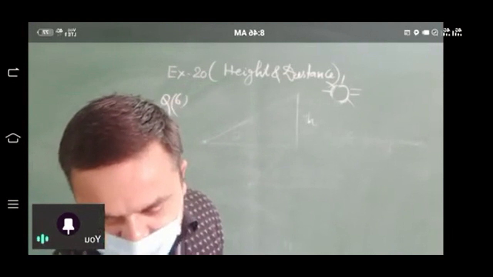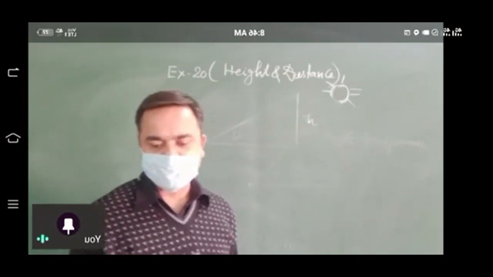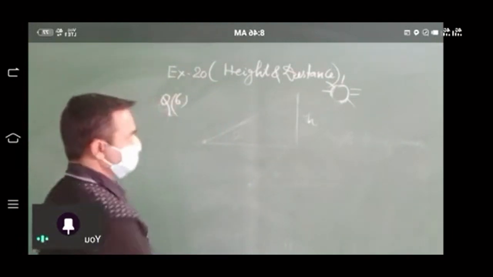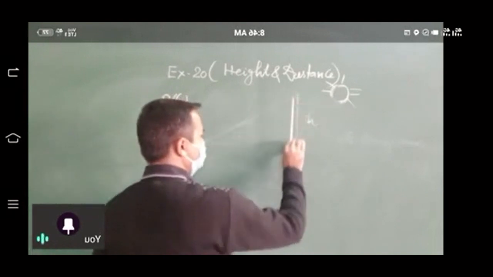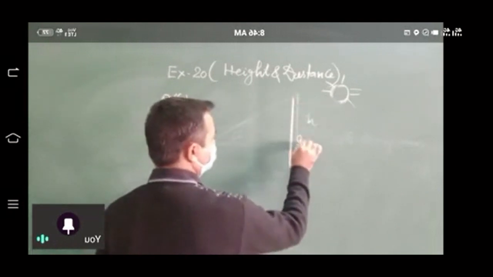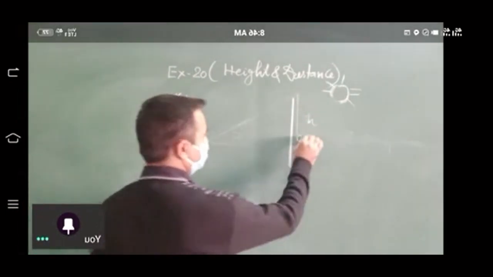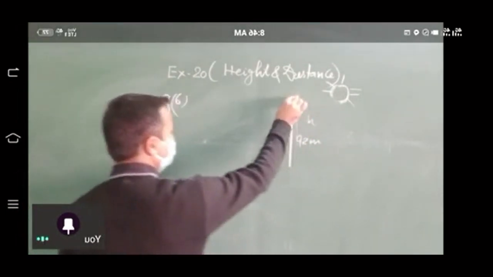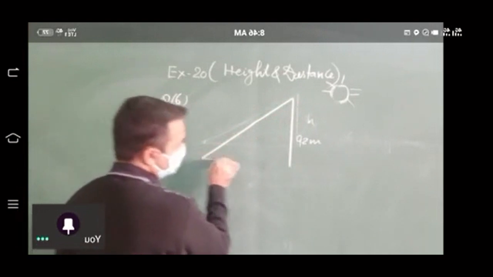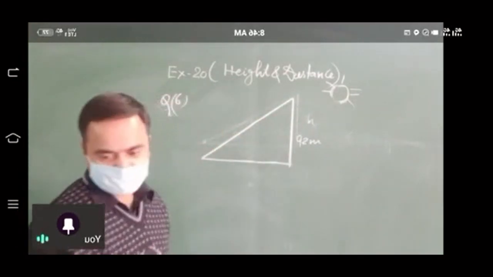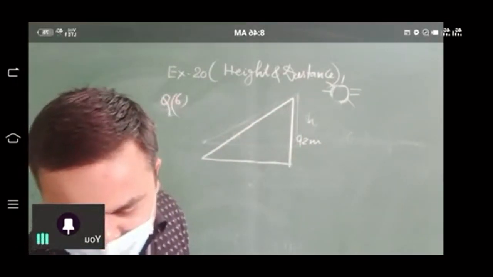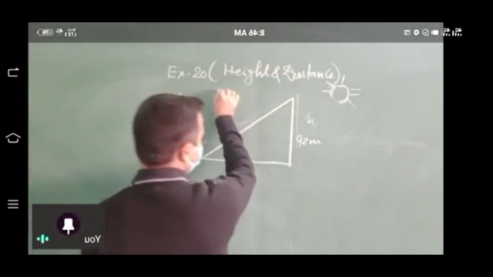From the top of a cliff 92 meter high, the angle of depression is 20 degree.